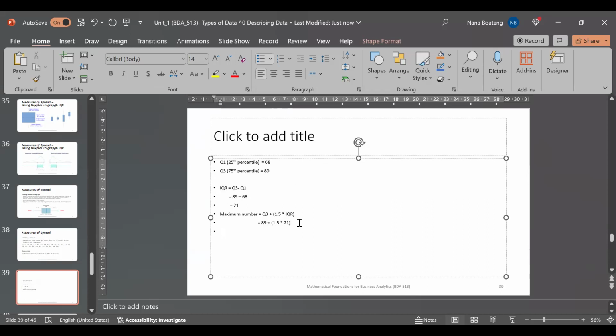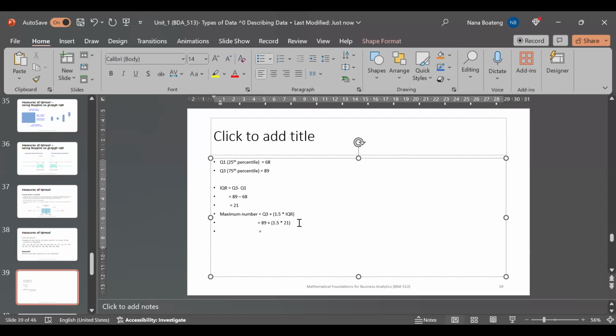Okay, so that gives us the maximum number. So 1.5 times 21 is what? Can somebody help us? That's about 31.5.